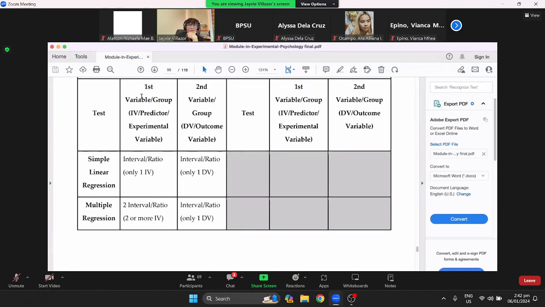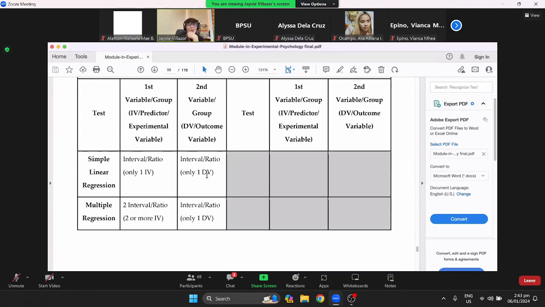So, number 1 is simple linear regression. Okay? So, ang first variable group niya or independent variable niya ay interval or ratio. Whereas, yung second variable niya, it should be what? Interval ratio din. Okay?